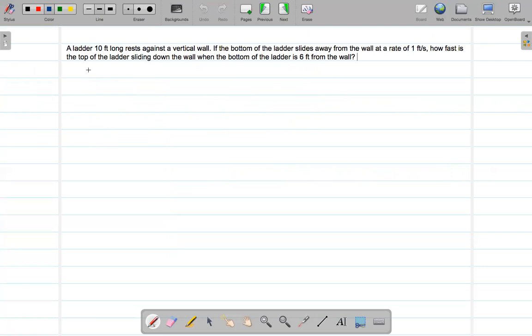It says a ladder 10 feet long rests against a vertical wall. Let's draw a graph so it will be easy to see what exactly the problem is saying.